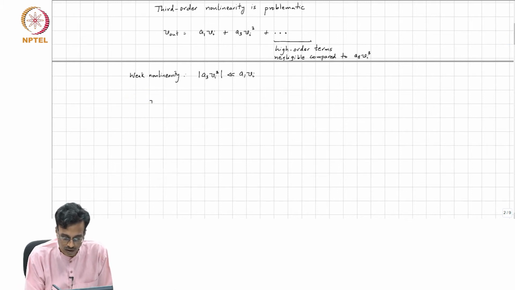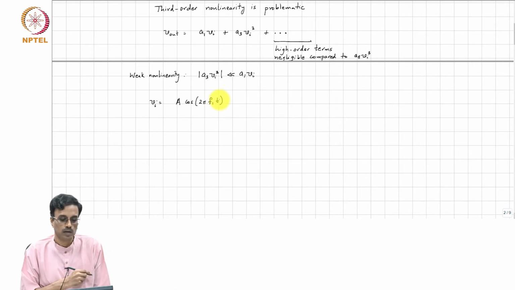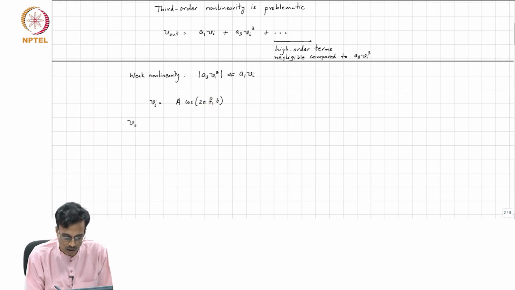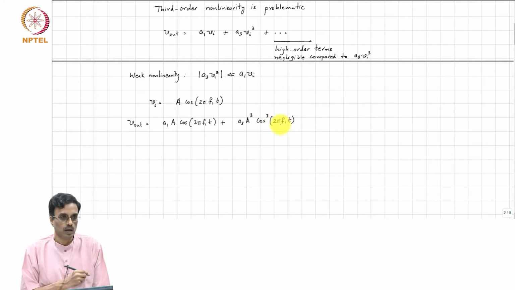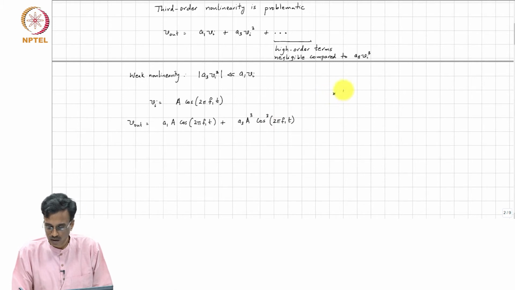So, V I is say A cos 2 pi f 1 t, and therefore, V out is nothing but A 1 A cos 2 pi f 1 t plus A 3 times A cube cos cube 2 pi f 1 t, and let us recall the following trigonometric identity.